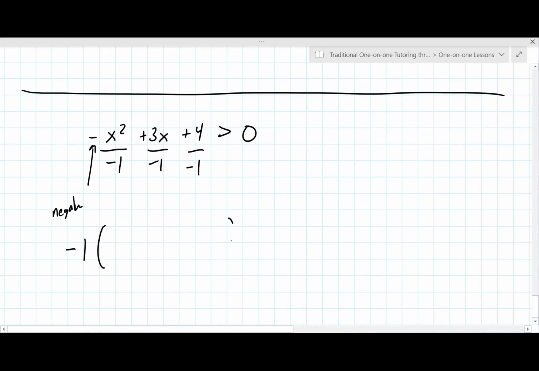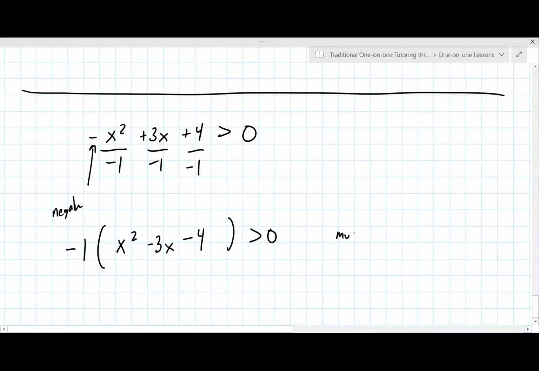So can you tell me what would go inside parentheses? x squared minus 3x, last one, minus 4. Good.